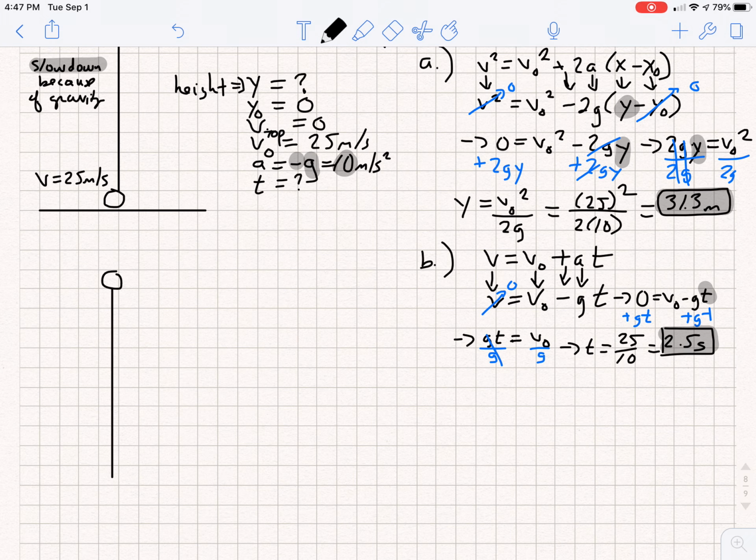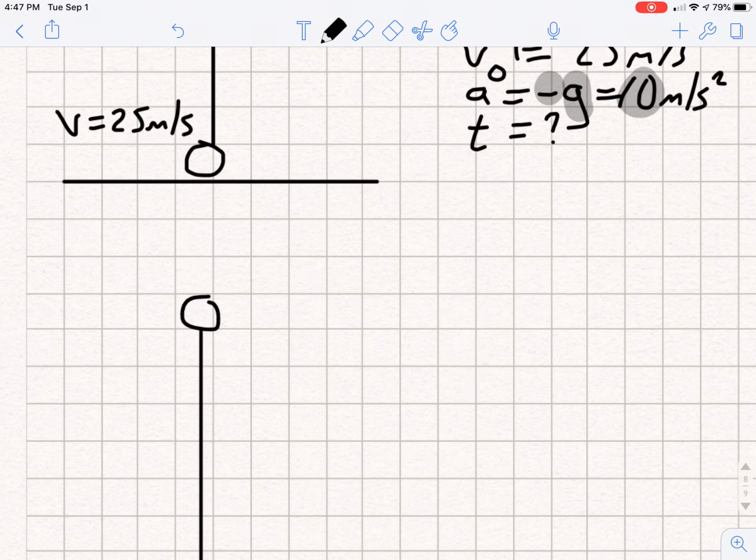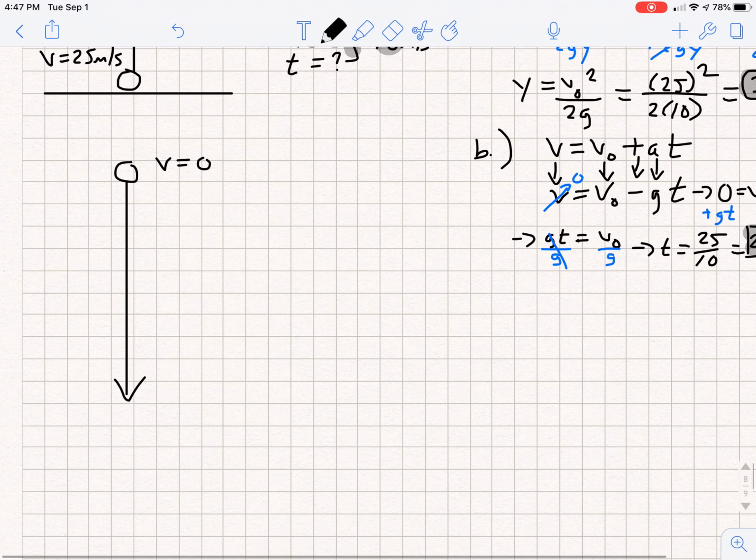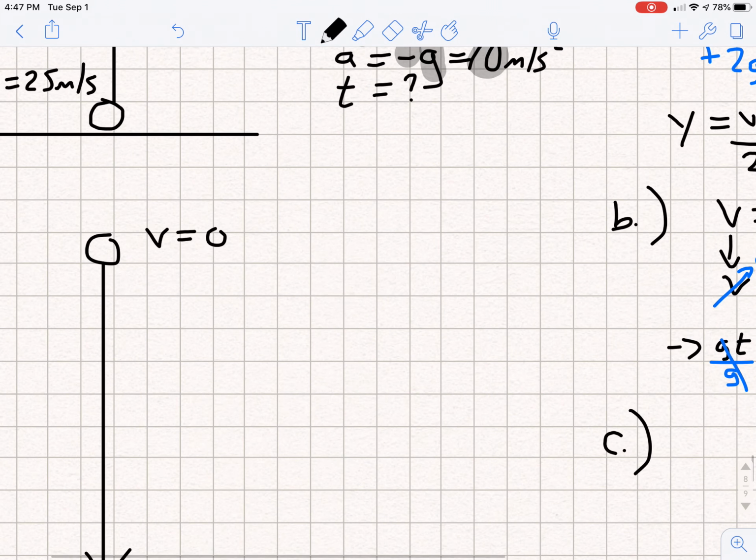We can have the ball coming from its highest point, in which case the velocity at the top is 0. And here's some of the things we know about it. If I fill out a new list here: y, y naught, v, v naught, a, and t.